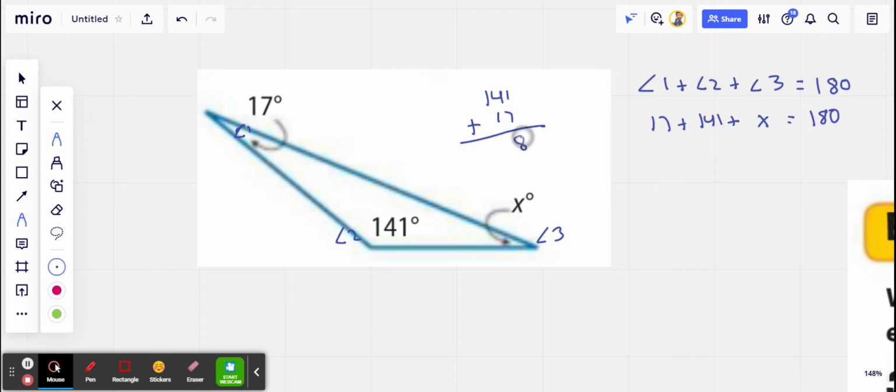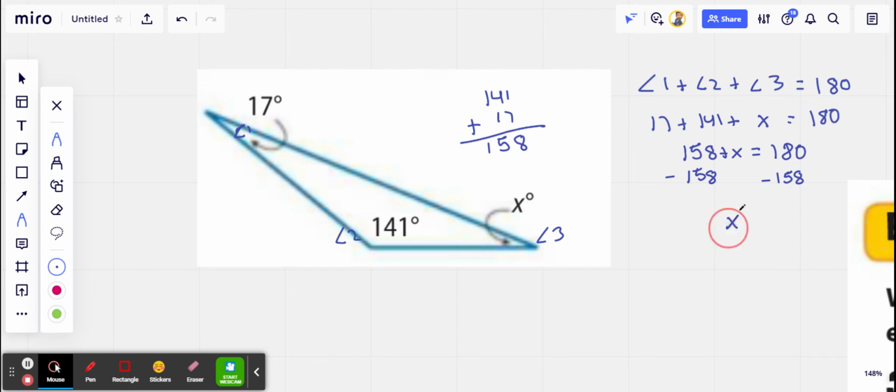That's 8 and 5 and 1, so it's 158 plus whatever x is equals 180. To find out what x is, we just need to subtract 158 on both sides.